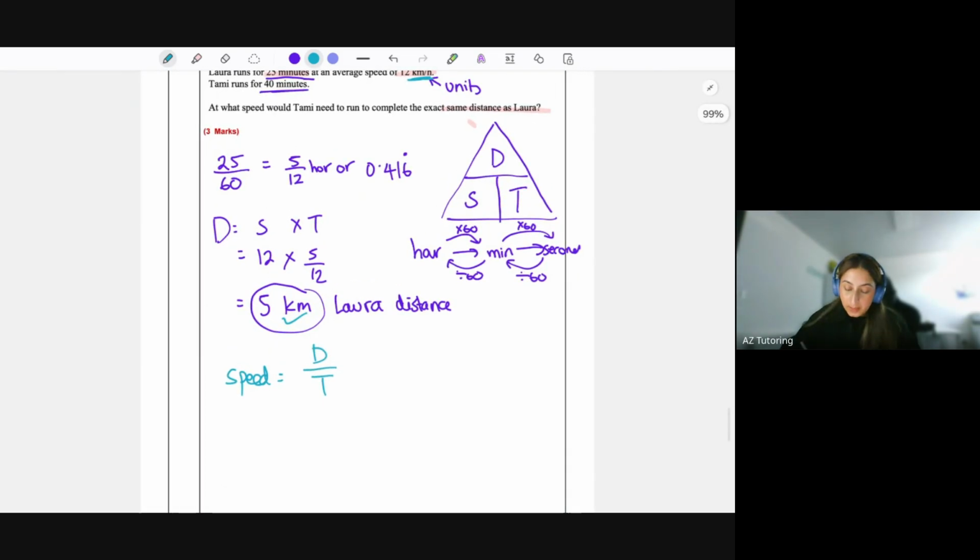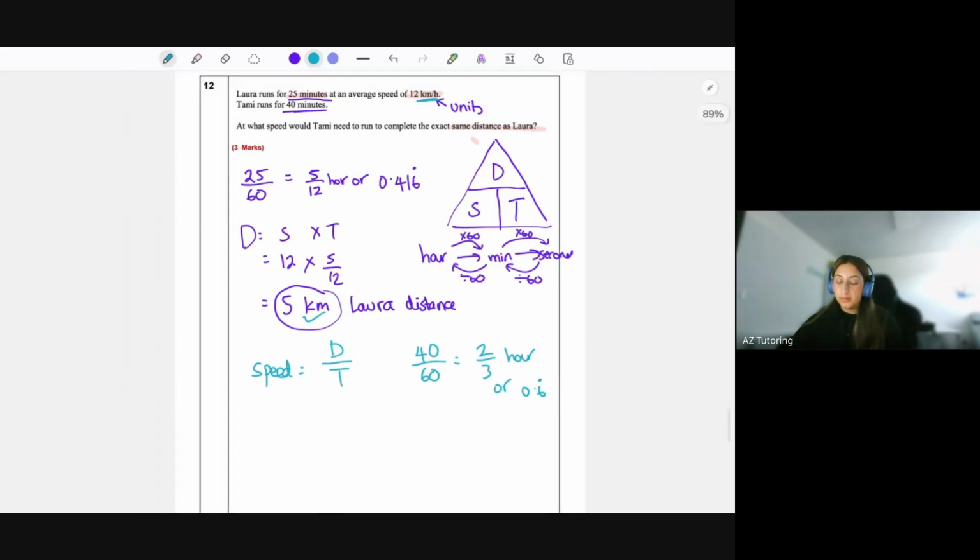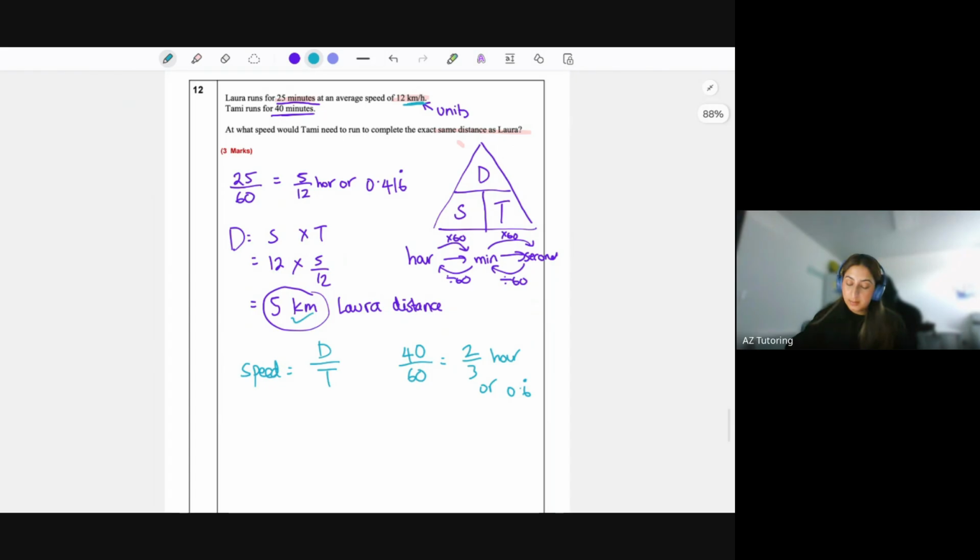So I'm going to convert Tammy's time, which is 40, divided by 60 to get it into hours. That's going to be 2/3 of an hour, or 0.6 recurring, but I'm going to leave it as a fraction because it's easier to write in the calculator.